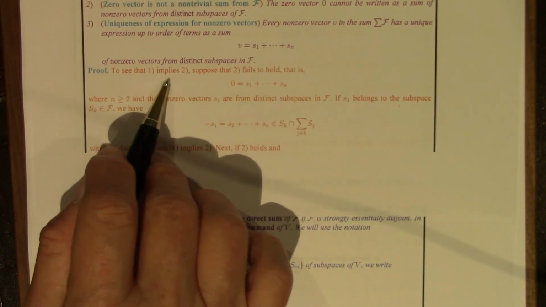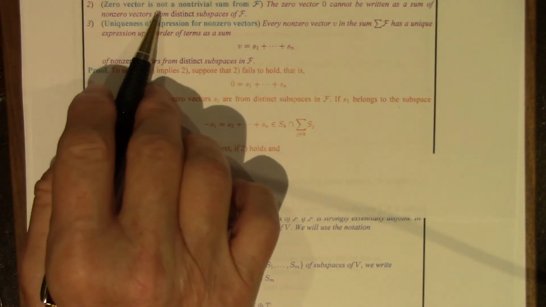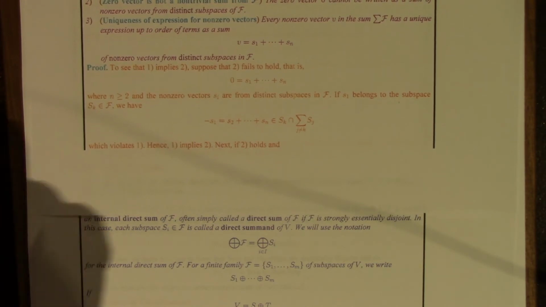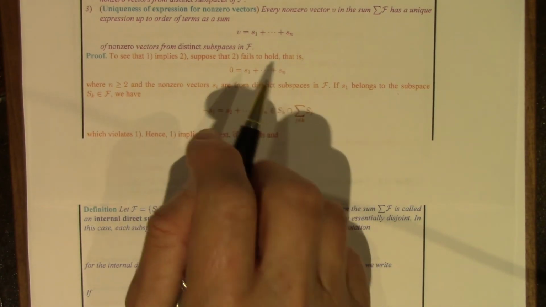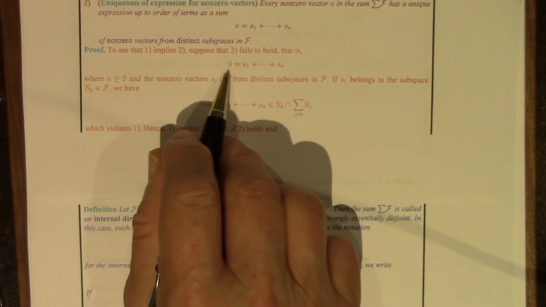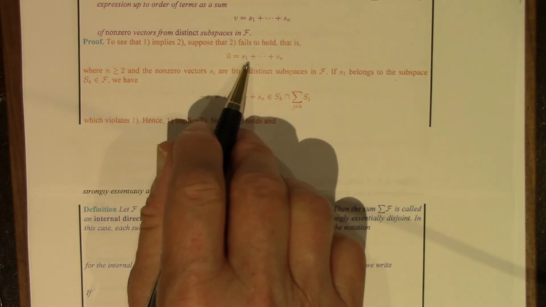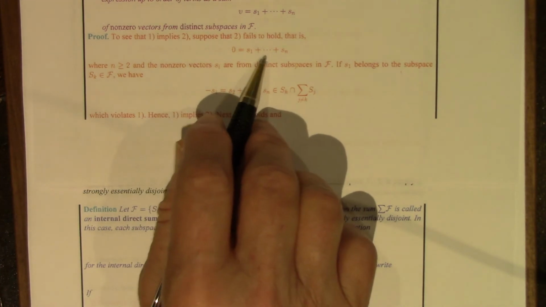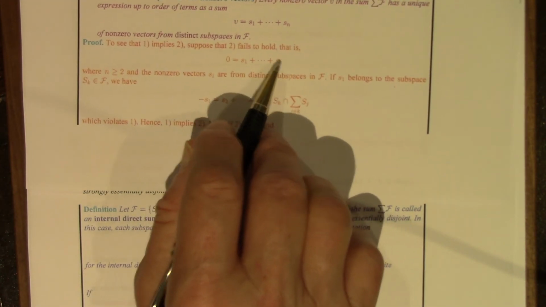As far as 1 implies 2, strong essential disjointness implies that the 0 vector is not a non-trivial sum. Suppose 2 fails. Suppose that 0 can be written as a sum of non-zero vectors from distinct subspaces in the family.